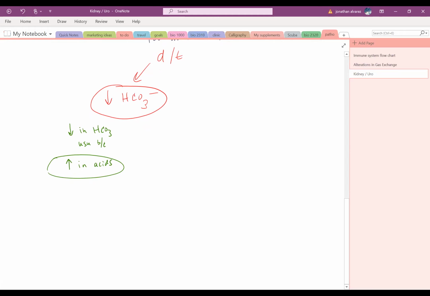So too many acids are coming in, not enough bicarbonates to help buffer the system. Okay, so a buffer is anything that helps regulate the acidity. Okay, so our kidneys do that. Our breathing does that. Just for some easy examples.